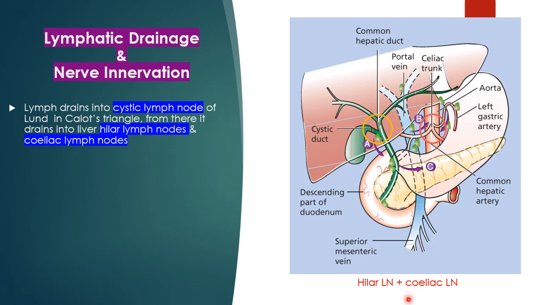So the direction of flow is from the gallbladder, to the hilar region, and then to the celiac plexus.